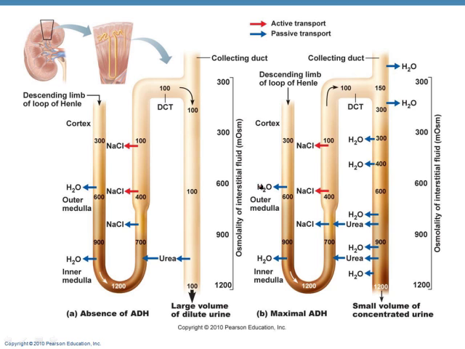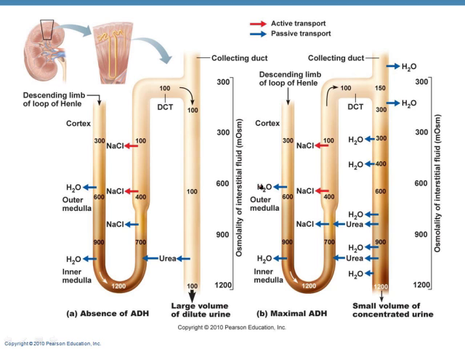That will also work to have me do what? Make more what? Urine, which is more concentrated with water. So we see absence of ADH, and this is the countercurrent multiplier mechanism. This is how it affects it, but understand the principle. If I have no ADH, I'm going to have more what? A larger volume of dilute urine.